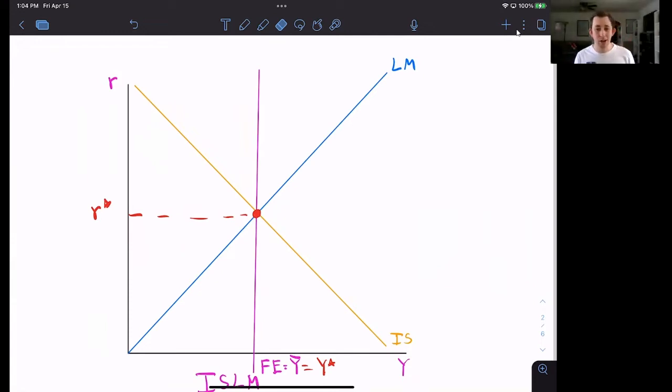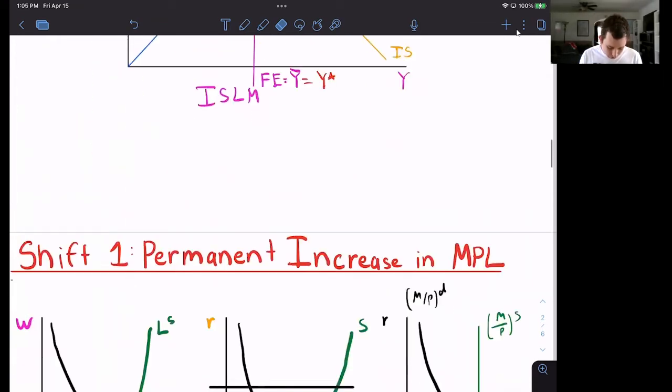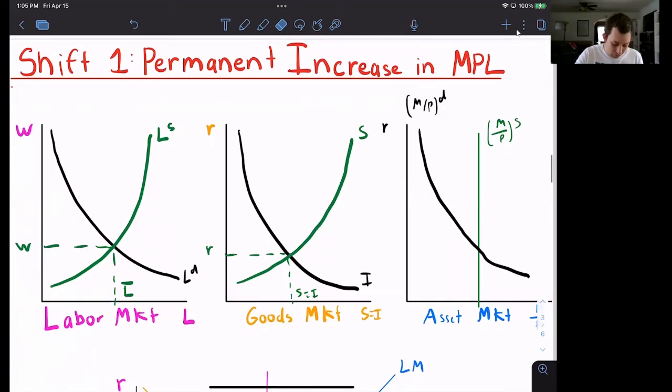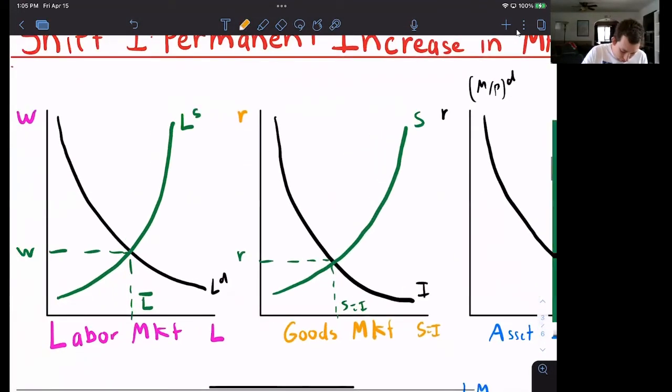Now we are going to start talking about shifting the graph. As we talk about shifting the graph, we're going to talk about it in relation to each of the three markets, so that it's more clear why each of these IS or LM or FE lines are shifting in the overall ISLM graph. So let's start with the permanent increase in the marginal product of labor. Well, we know that labor demand is equal to the marginal product of labor. So now that that has changed, the labor demand curve is going to shift up.